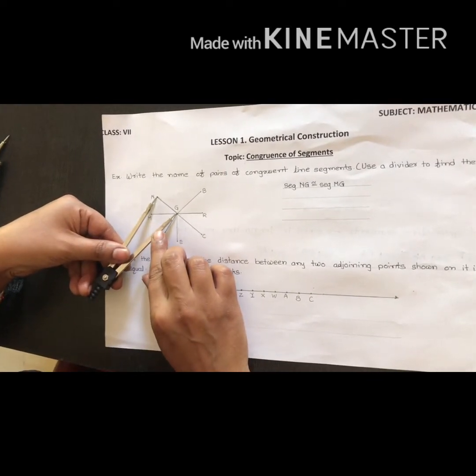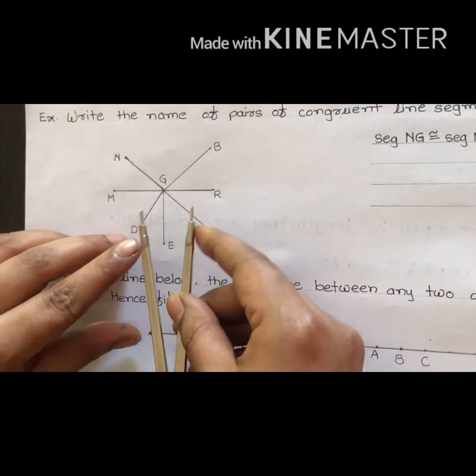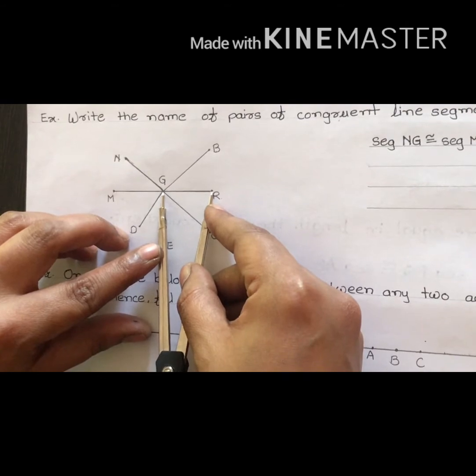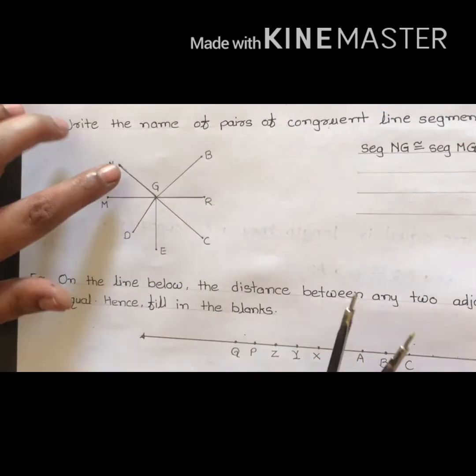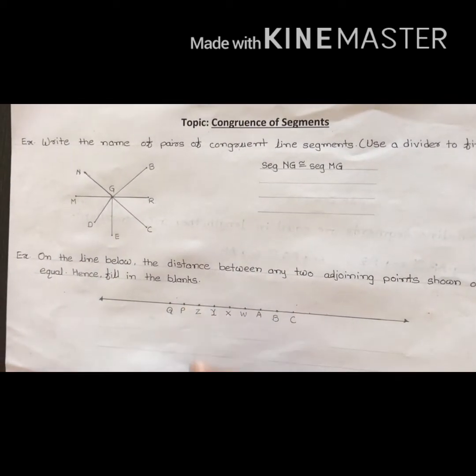Similarly, this NG distance we will compare with segment GR. Here you can see it's the same distance. So, segment NG and segment GR are congruent to each other.